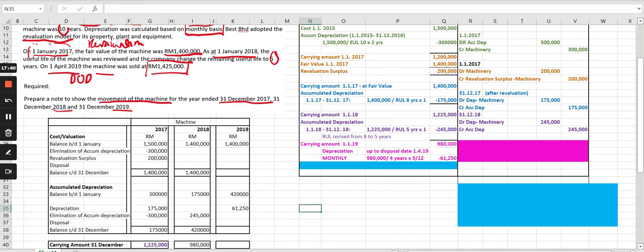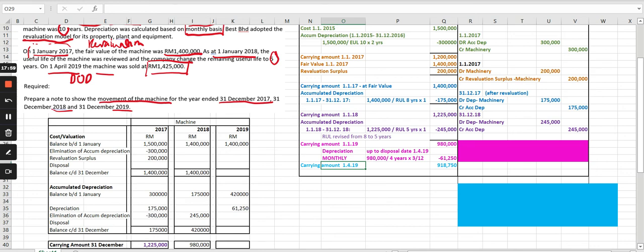Now for you to look at the disposal. So the carrying amount before the date of disposal would be 918,750. So what you need to do is the carrying amount on 1st of April 2019.